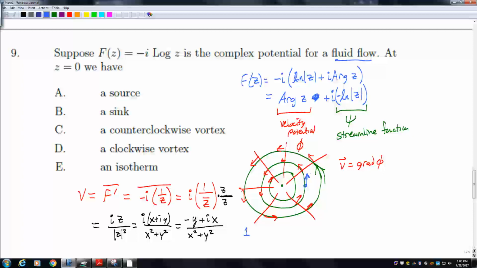Okay, and if you plug in i, you get the vector is pointing in the negative x direction. Okay, so I think just plugging in a few points here allows me to determine that, yes, this is going counterclockwise, and it's what we might call a vortex that's swirling around z equals 0. Okay, and we'll stop there. Good luck on the final, everybody.